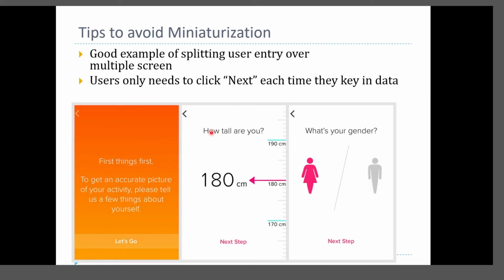Just like this screen. Okay, this is a good example of splitting the user entry over multiple screens in order to help the user fill in their form. Okay, the user only needs to click next or swipe each time they need to key in data.